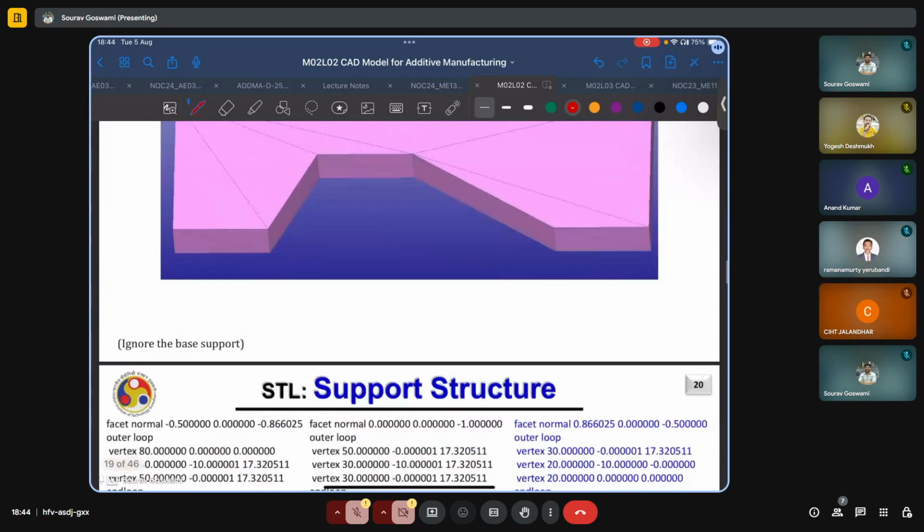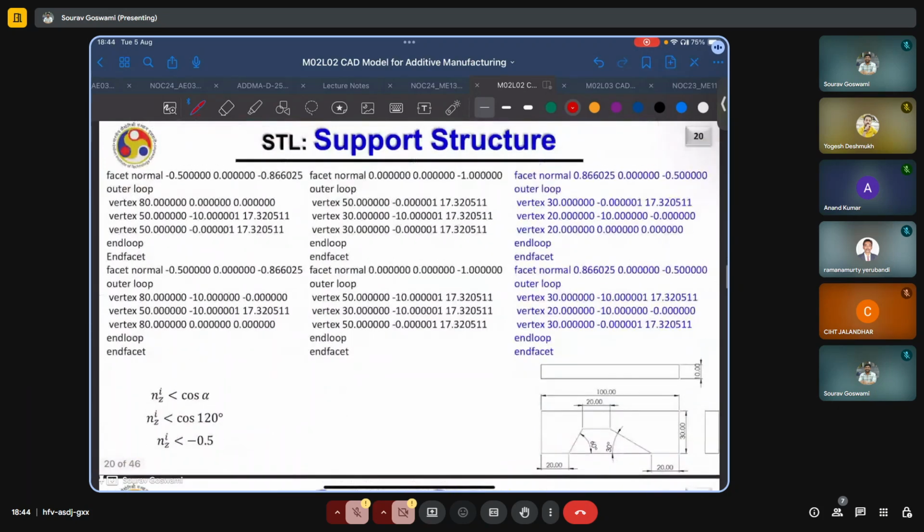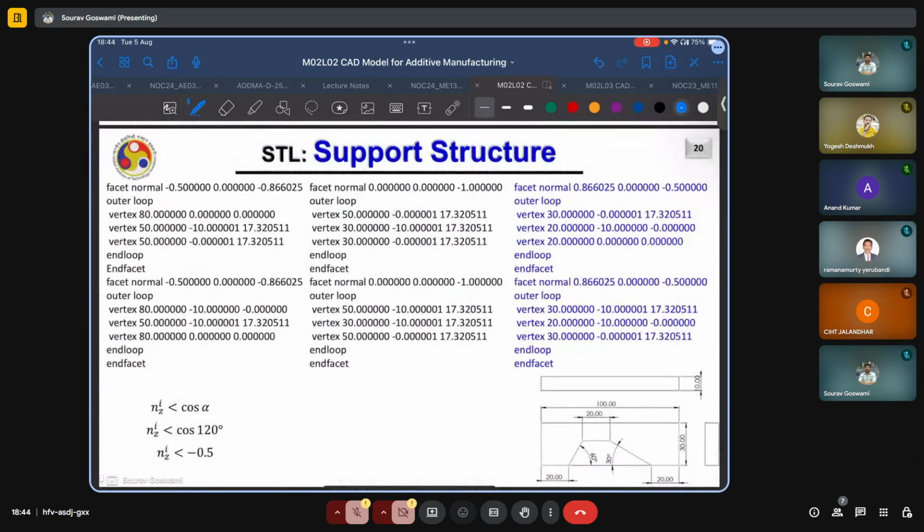Another example, which Professor Kapil has discussed in great detail, we will not go over. But very briefly, what we can say is that we can always intelligently guess which facets might require support structures. We have the facet normal and the three components of the facet normal. The last one being the Z component. Here we see that it is negative, so it may require support structures.